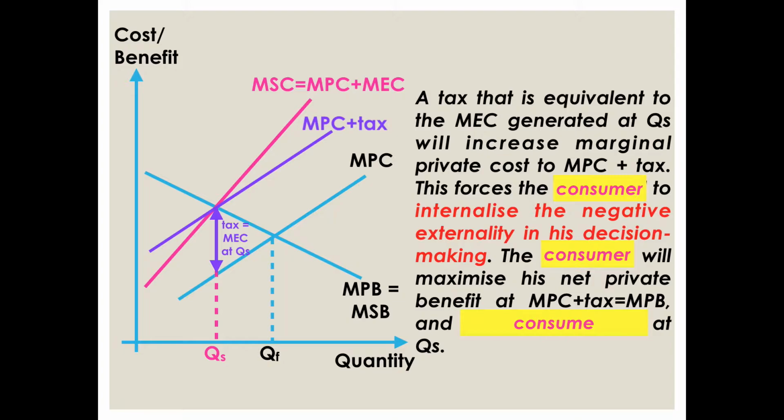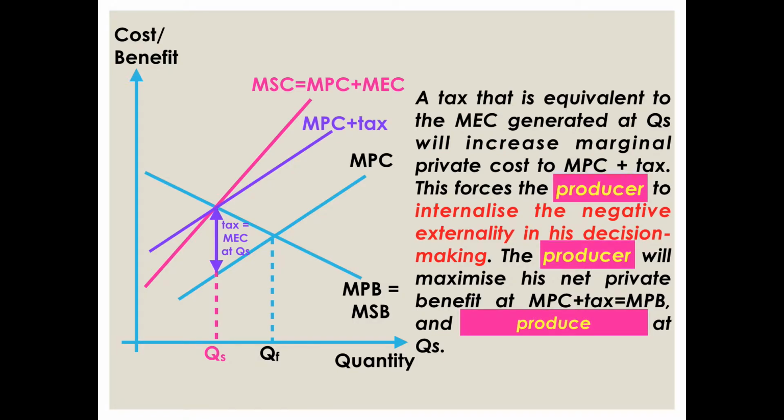But let's say the negative externality that we are looking at is generated from the production of certain goods and services, for example, pollution. For example, a factory produces some goods or services and dumps toxic waste into rivers, therefore affecting residents living near the rivers. This explanation that you see on the screen will need to be from the producer's point of view.